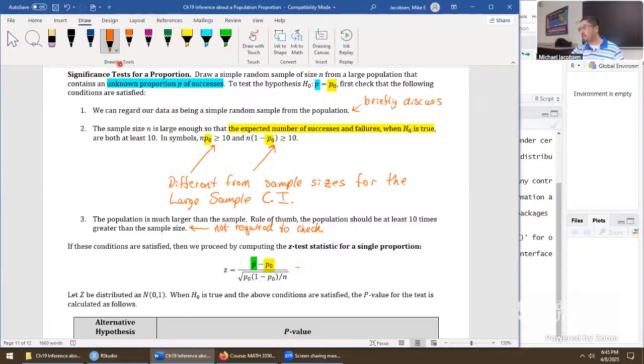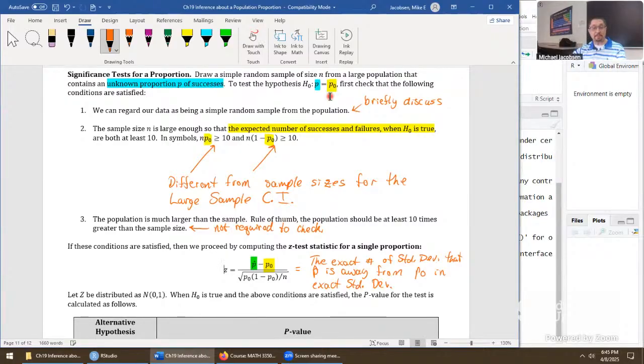So this is directly calculating, not as an estimate, but the exact number of standard deviations that p-hat is away from p naught, that our actual data is away from this assumption in exact standard deviations. That last statement, exact standard deviations, is again, assuming the null hypothesis is true, a giant assumption that pretty much shadows everything on this analysis.